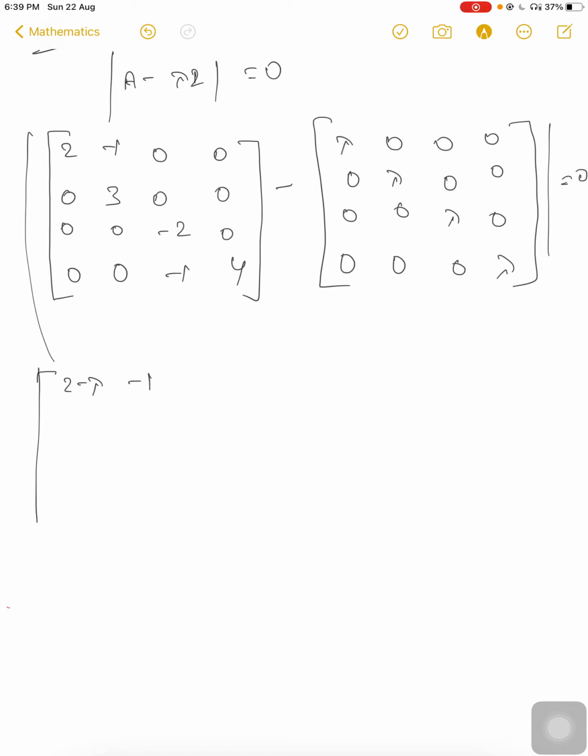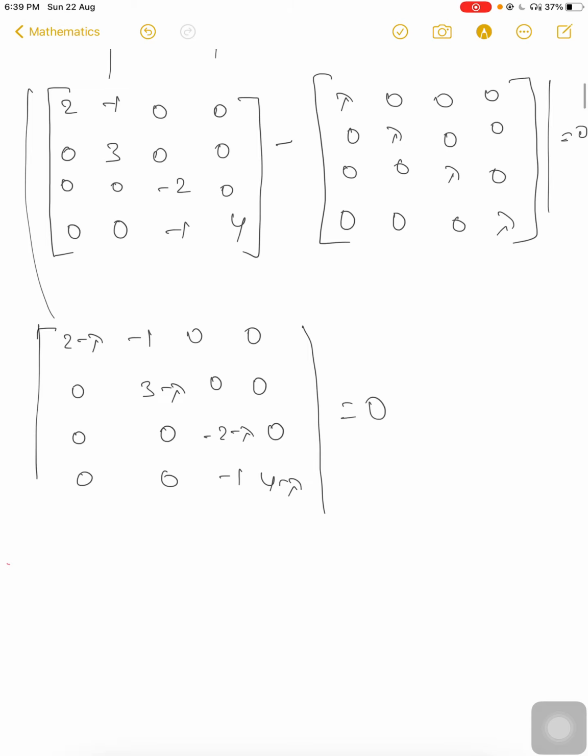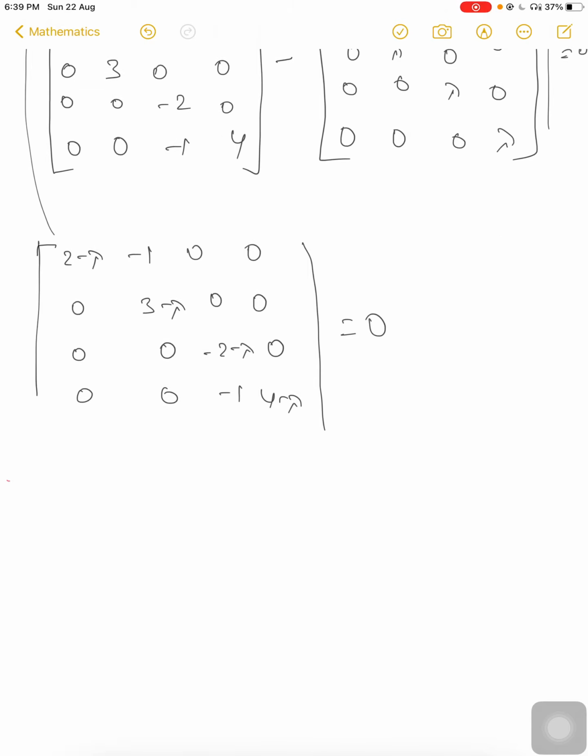After that you will get the determinant: 2 minus lambda, minus 1, 0, 0; 0, 3 minus lambda, 0, 0; 0 0 minus 2 minus lambda, 0; 0 0 minus 1, 4 minus lambda, equal to 0. Check it from here.